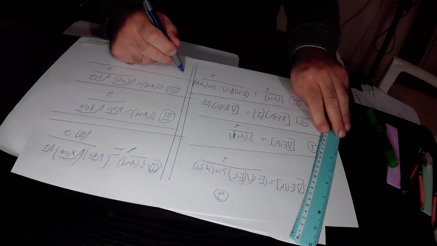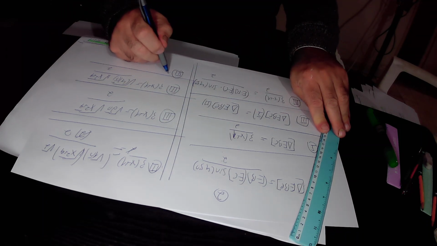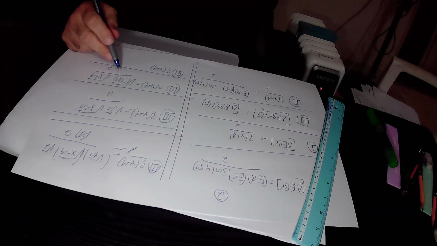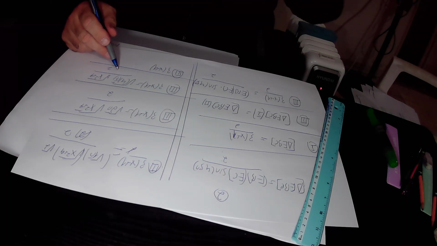So according to equation 3, 3 times (x plus 1) equals, the square root of 4 is 2, so we take 4 out of the root, and inside the root we are left only with 5.